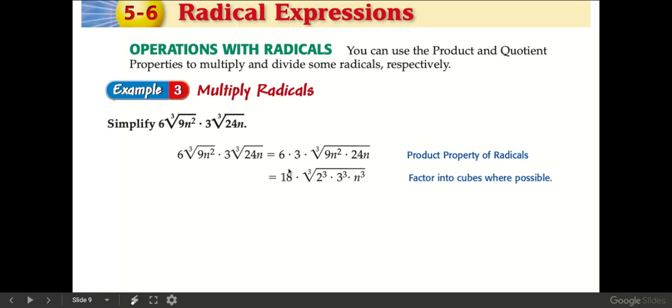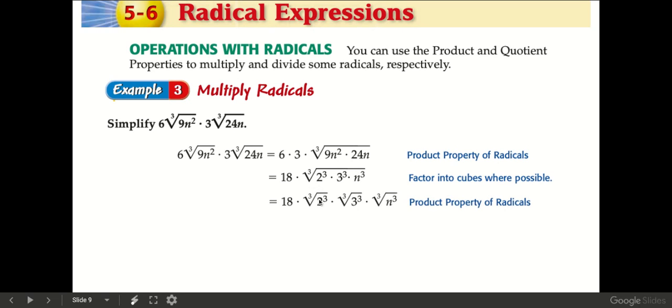And that's going to give me 18, and then it's going to be the third root of, well, I have 2 to the third power, 3 to the third power, and n to the third power. Because 9 is 3 times 3, and 24 is 8 times 3, so that's 3 factors of 3 there, and 8 is 3 factors of 2.